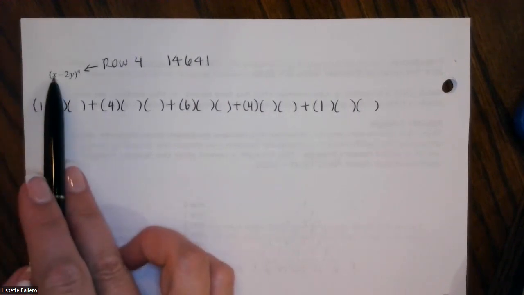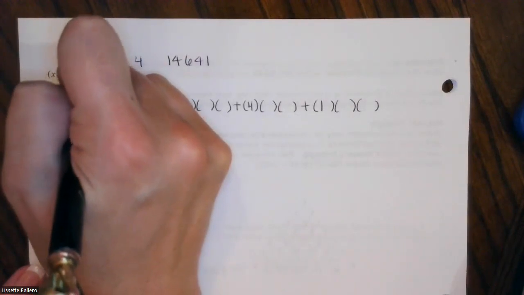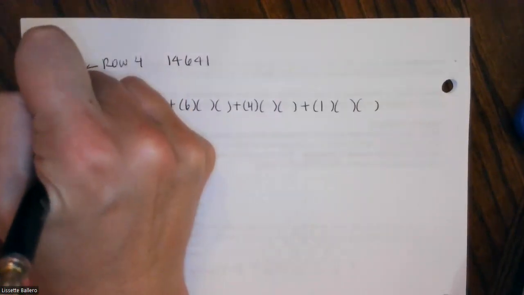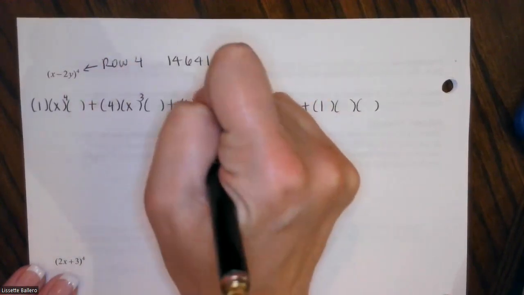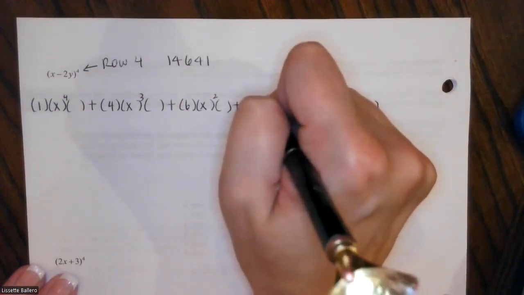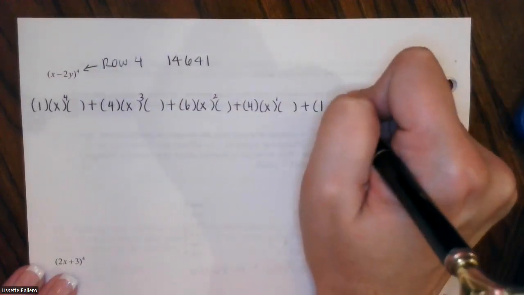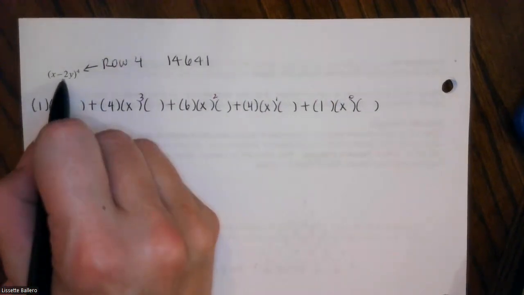Then I go with my first term there, x. So there it is. And I start with the same exponent as that. So that's going to be x to the 4th. Then I go 1 down on each one. So that's going to be x cubed, x squared, x to the 1st, and then x to the 0 power. Then I get my second term.